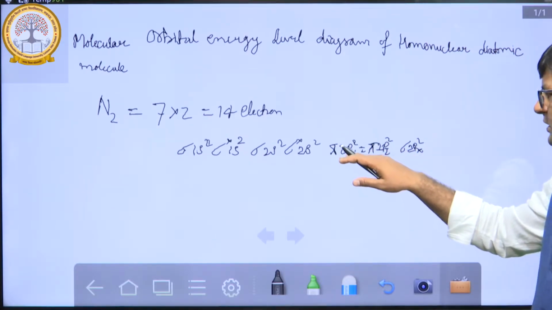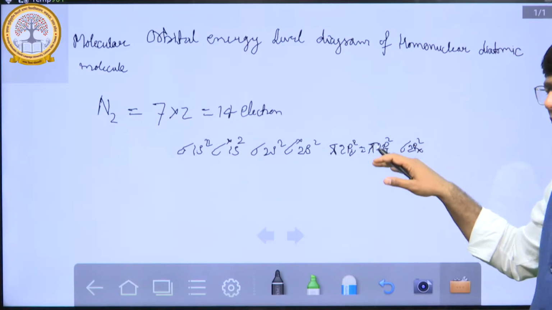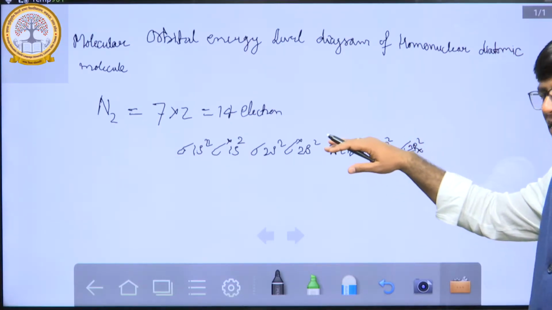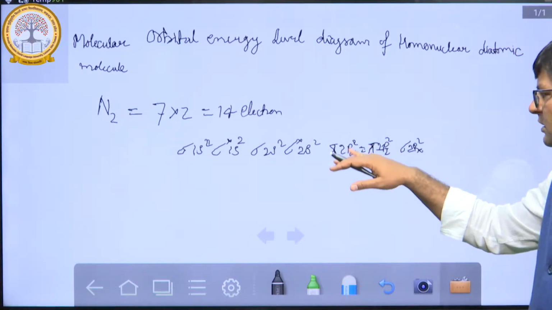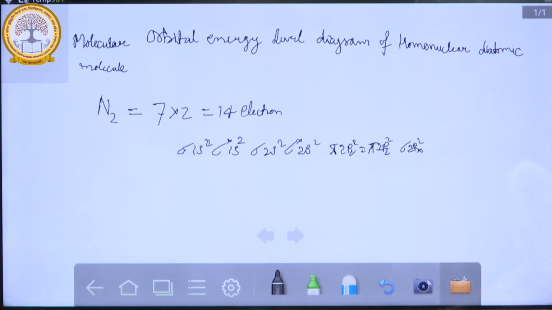Here you can see the pi 2py2 is equal to pi 2pz2, because the energy of both is equal. So you can write the pi 2py2 equal to pi 2pz2.